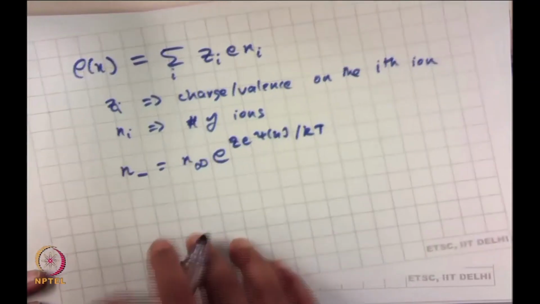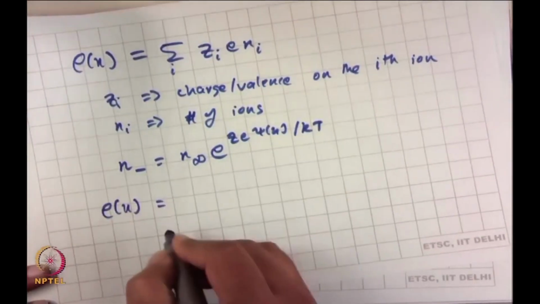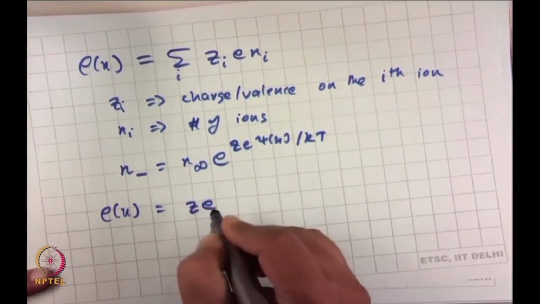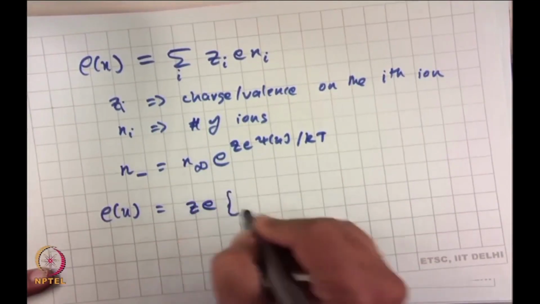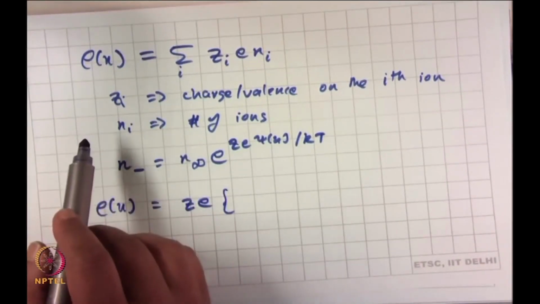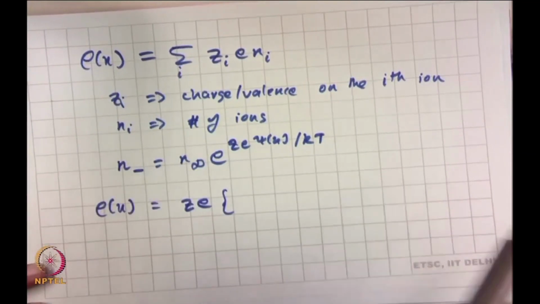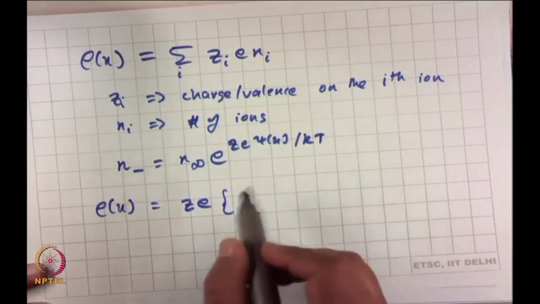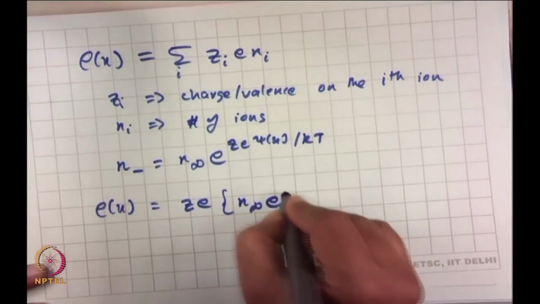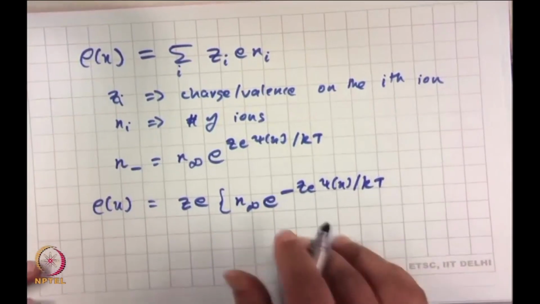Okay, so then I can express my rho of x as z e times n plus and n minus, that is the total. I will skip that step and write this as n infinity e to the power minus z e psi of x over kT.